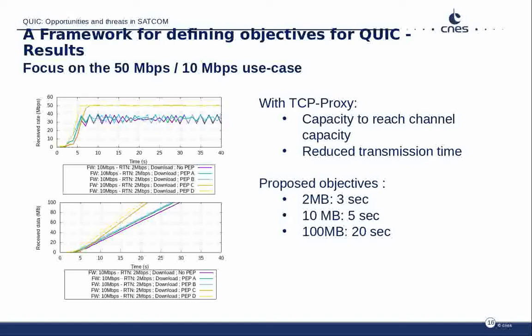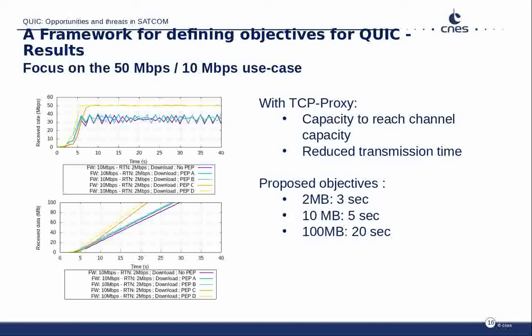I'm sorry for the figures here, the values are not accurate. We have a 50 megabits download and 10 megabits upload access. If we look at the picture at the top, at the purple, green, yellow and blue curves, adding a PEP doesn't change much.